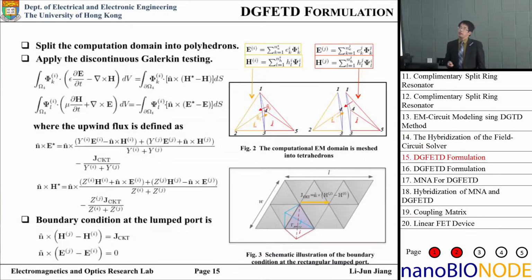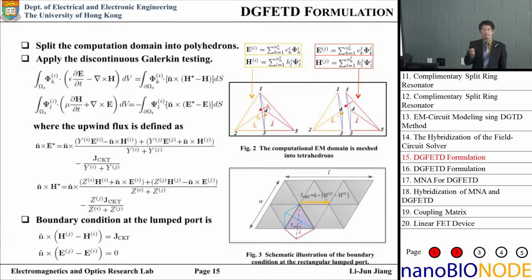So we use DG, the formulation started here, basically starting with the Maxwell equations. Then we do the domain decomposition, and for each element, each domain, you can expand the fields into bases, and then you can use the upwind flux to make sure of the continuity over the boundary.